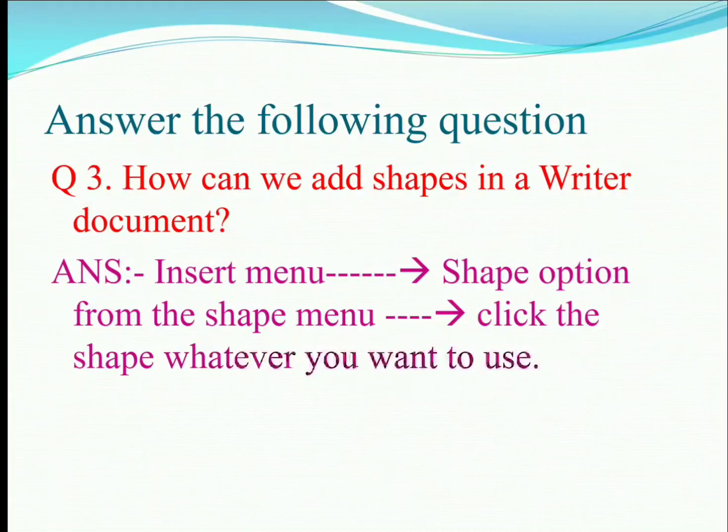Like we have a lot of options like line, basic, arrow, symbol, star, flowchart. If we want to draw any line, then we will select line. If we want to draw any arrow, then we will select arrow shape. If we want to draw any symbol, then we will select symbol. So we will click on that shape whatever we want to use.